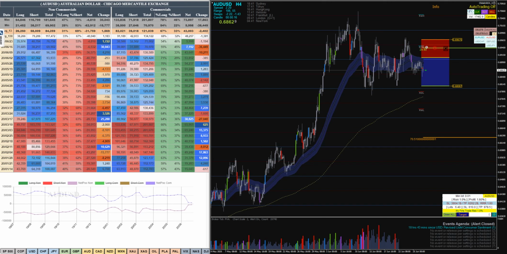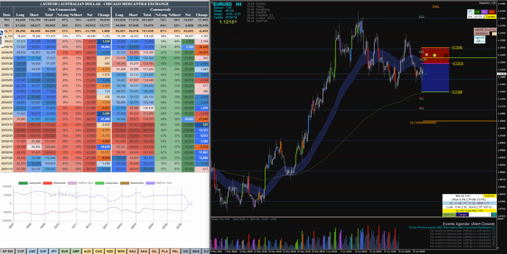Alright, so this is for the most of the pairs, and the Kiwi and Cat looks very similar to Aussie, and yeah, so this is what I'm looking for. I will of course do analysis of the most of the pairs during the beginning of the week, because what I don't like to do is to prepare your plan on the weekend and then you know, market opens somehow different, these numbers will change, so everything will be different.